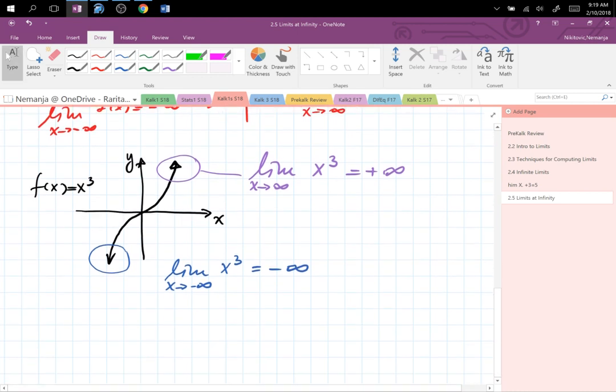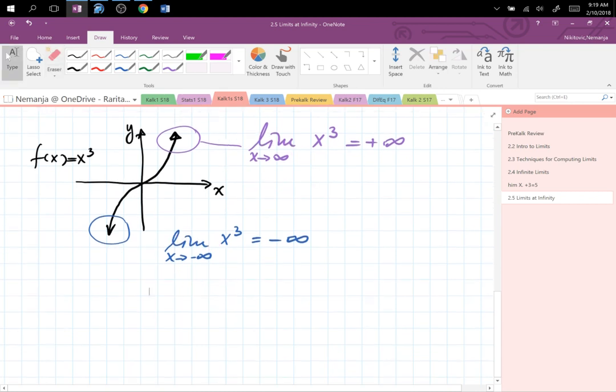So x cubed. Now the important aspect here is that this goes to infinity. And I already said it doesn't work on tangent, even though the principal tangent looks the same way.